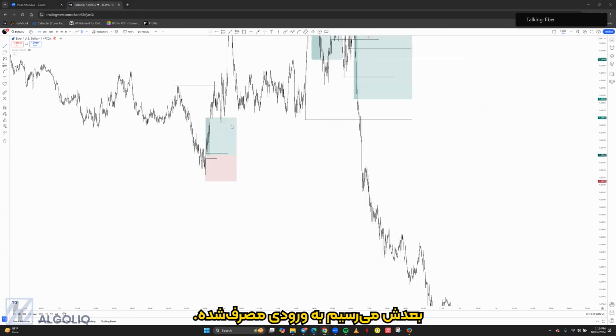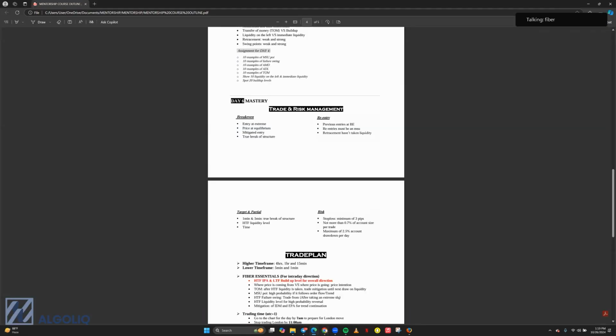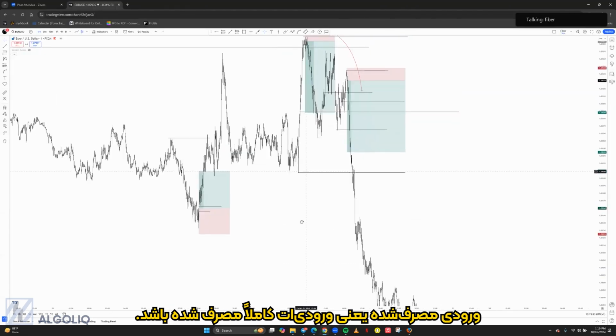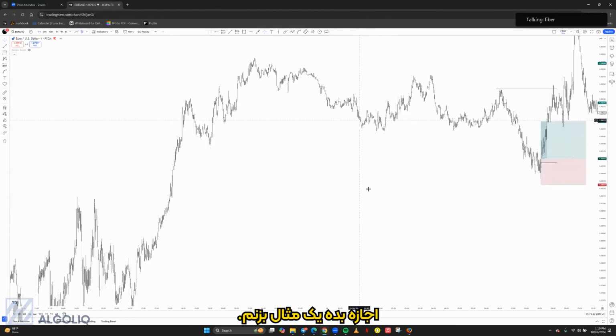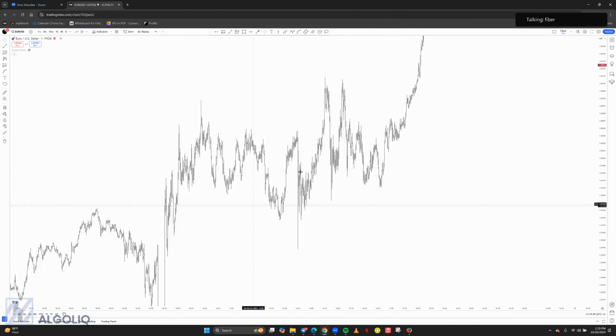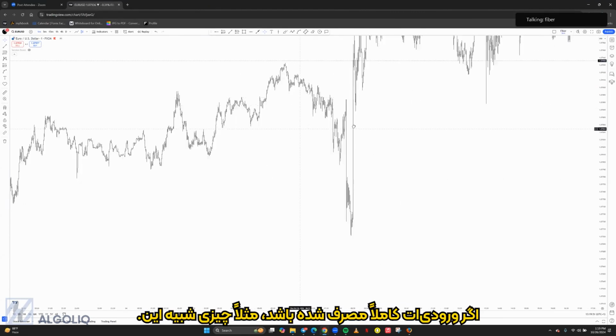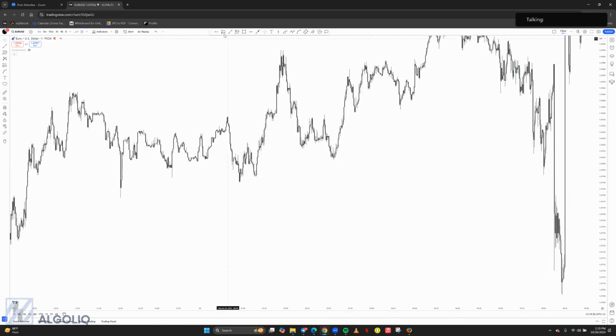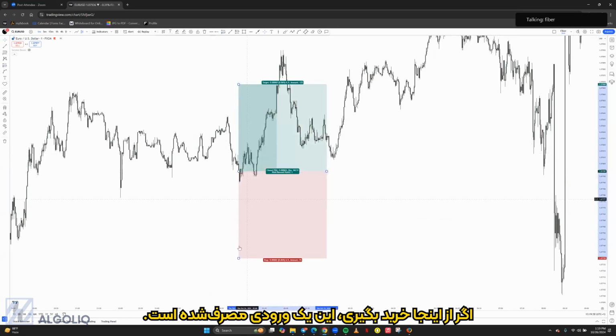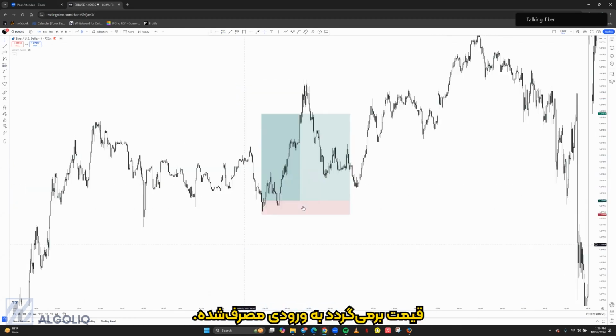Then we have a mitigated entry. A mitigated entry is when you have your entry fully mitigated. Let me show you an example. If you have your entry fully mitigated, it's something like this. If you take a buy from here, this is a mitigated entry. Price comes back to re-mitigate your entry.